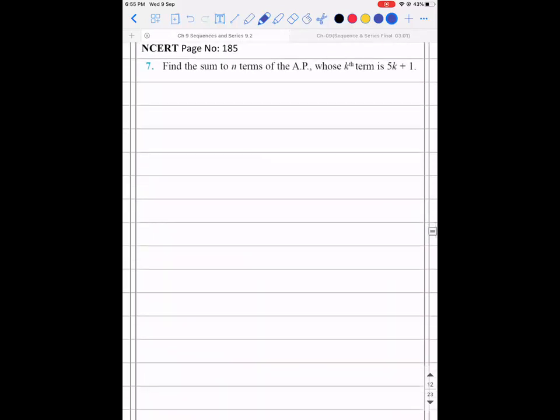Find the sum of n terms of the AP whose kth term is 5k plus 1. Let a be the first term, common difference be d. Okay.